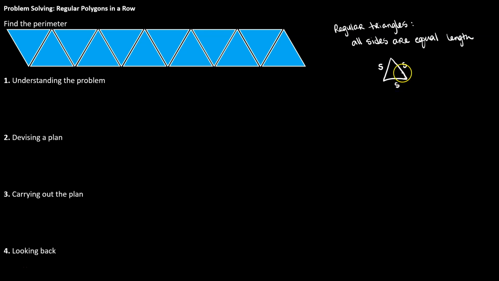And that matters in this problem because we're talking about perimeter. I like to say perimeter is the distance around the rim, and we can remember that because the word rim is in perimeter.